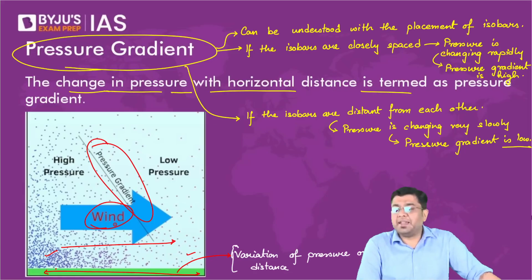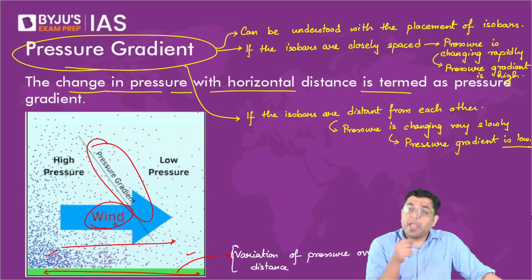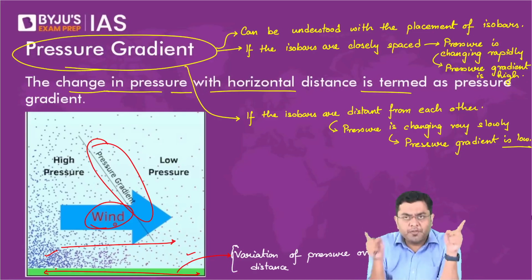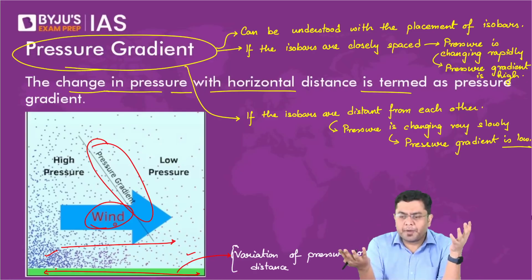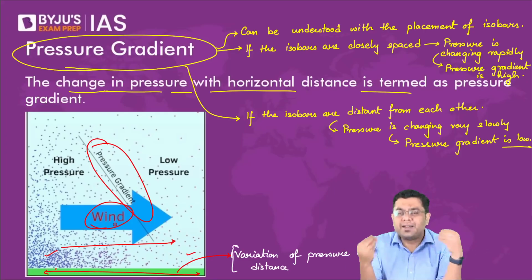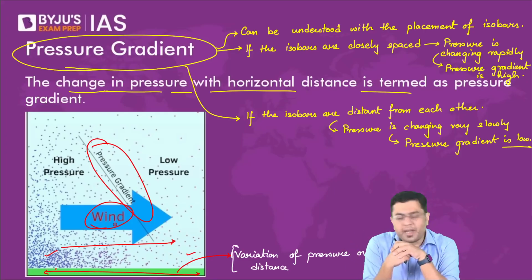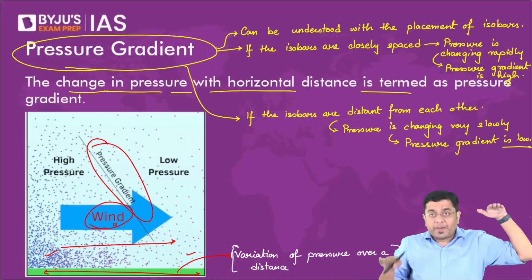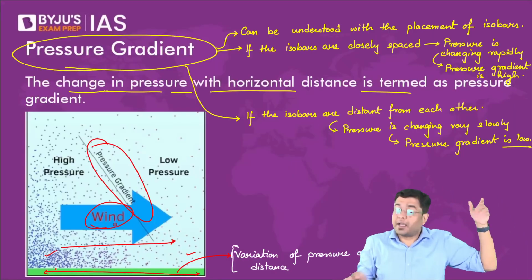So in a way, we can say for any kind of wind to exist, you need the presence of a high pressure and a low pressure, because the wind will always move from a region of high pressure to a region of low pressure. That difference between high pressure and low pressure is referred to as a pressure gradient. So we can also say that the higher the high pressure, and the lower the low pressure, the more significant the gradient will be.